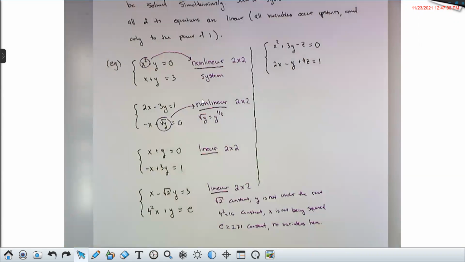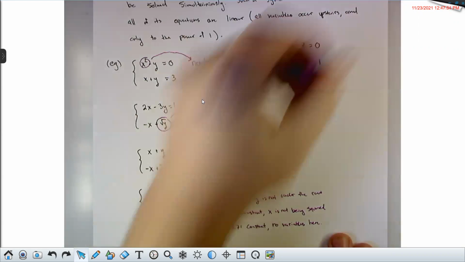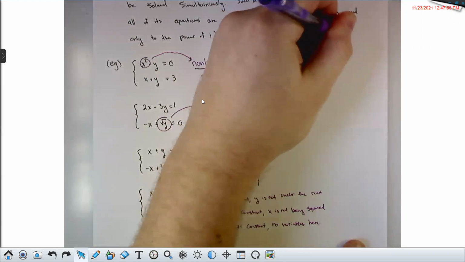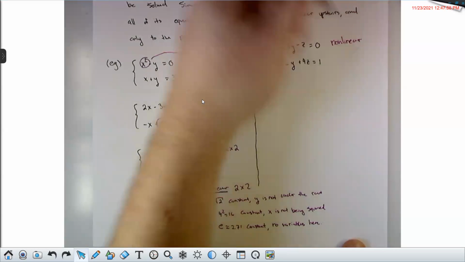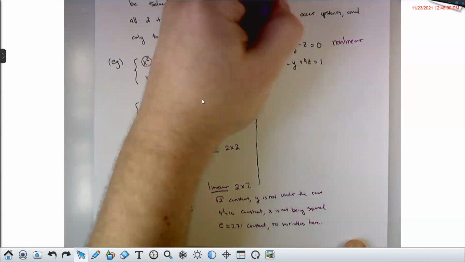Is this system linear or nonlinear? The top right system there. Nonlinear. Very good. This is a nonlinear system because of the x squared.